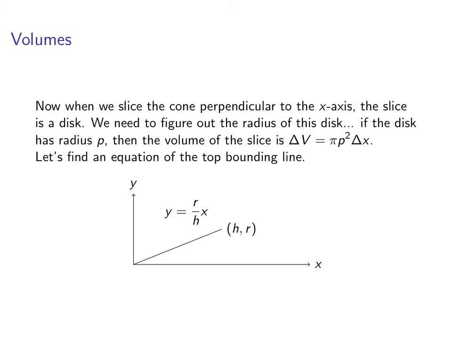I'd like to find an equation of the top bounding line of this cone. So if you think about the picture, then the cone really looks like this, but we're just looking at the top bounding line.